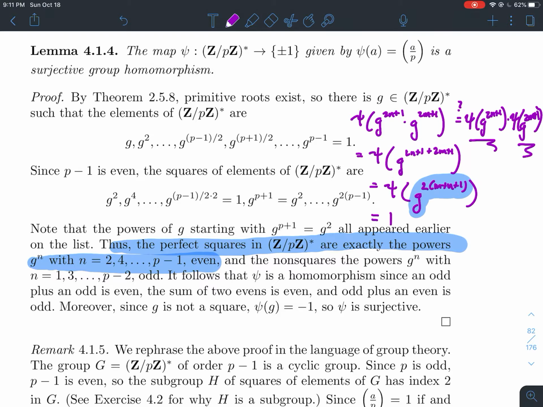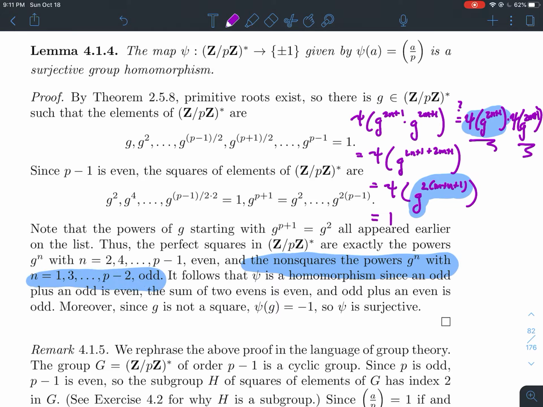So let's do that. This is psi of an odd power of g. And what do I know? I know that the non-squares are exactly the odd powers of g. So psi of that, what does psi do again? Psi is the Legendre symbol of that. So it's a non-square mod p, therefore its Legendre symbol is minus 1. Same logic, g to the 2n plus 1's Legendre symbol is minus 1.